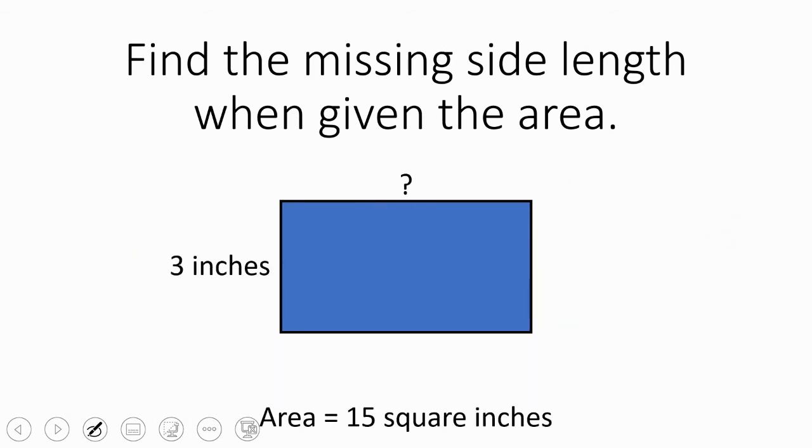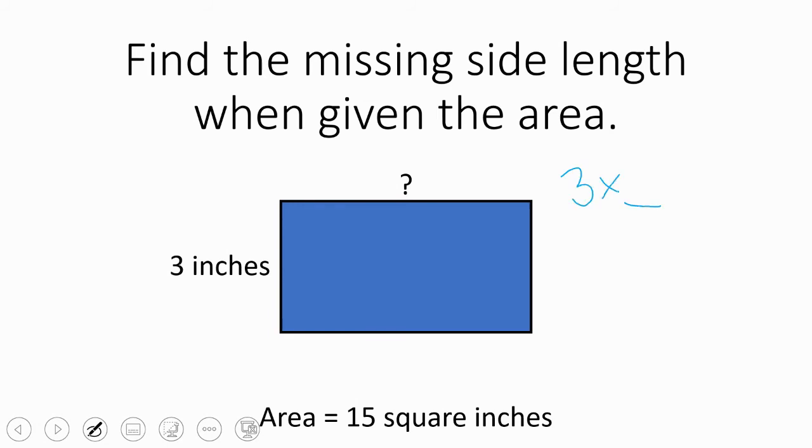Looking at this example, I have 3 inches for one of my side lengths and the other is unknown, but they gave me the area. Again, I can rewrite this into a multiplication sentence that I would use to normally find the area. So what equation could I use, or what kind of multiplication sentence would match this picture?